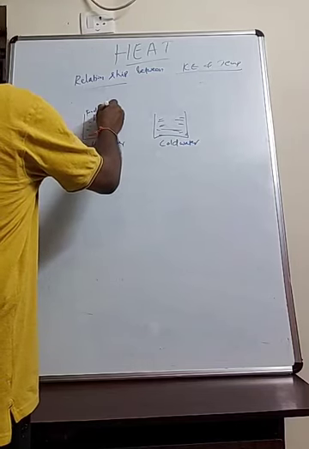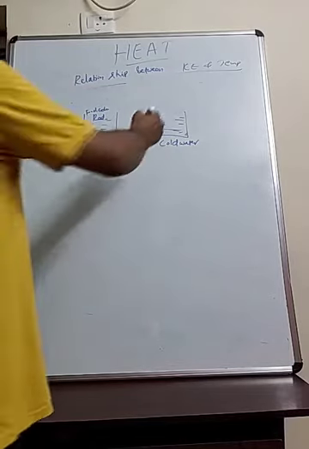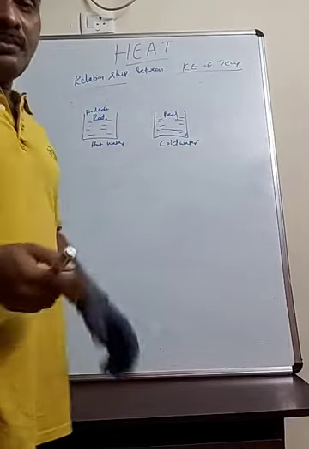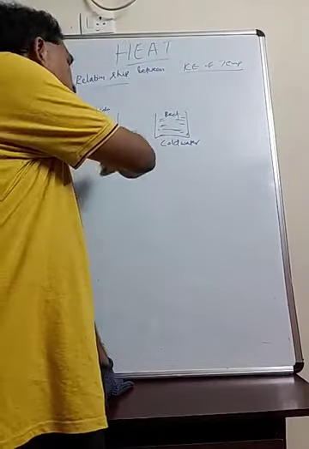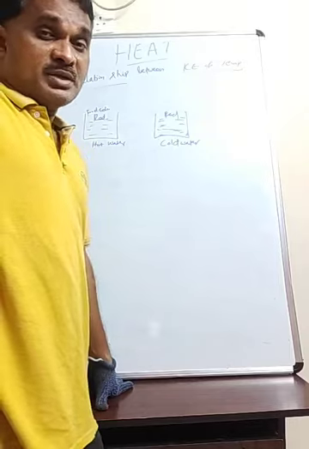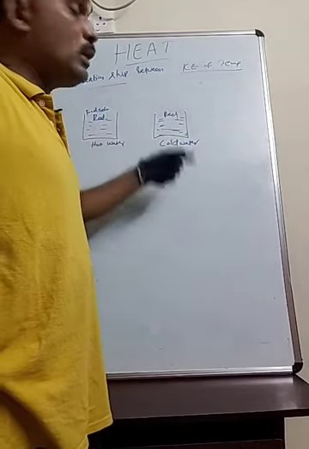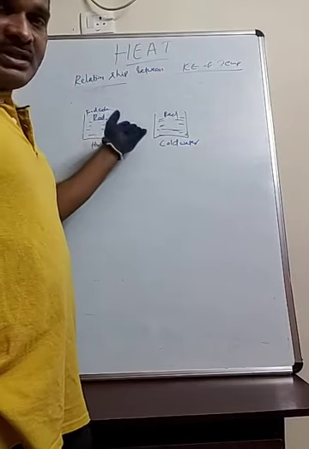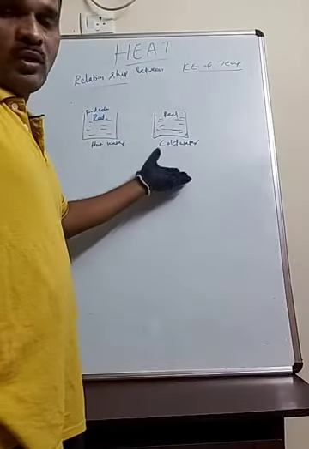Now if we pour some food color, like red food color, into this water and into this water, we can see the distribution of red at high speed in the hot water compared to the cold water. Obviously the speed of distribution of red food color is high in hot water than in cold water, because in hot water the kinetic energy, or the movement of water particles, is more when compared to cold water.